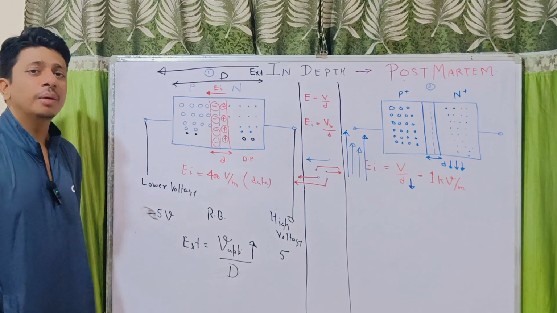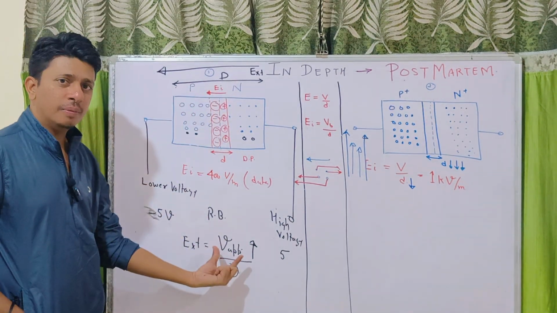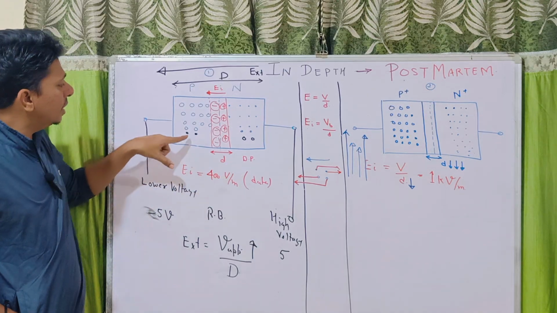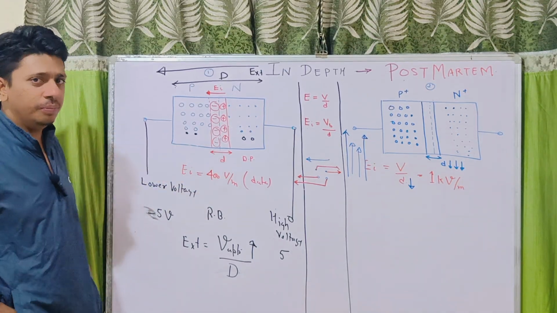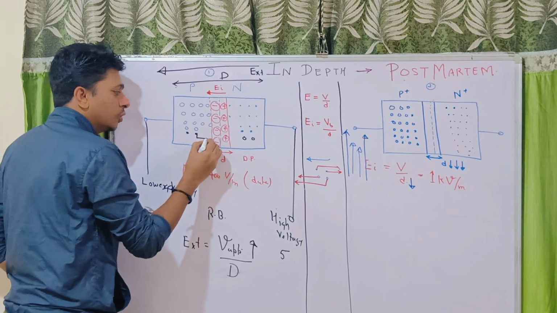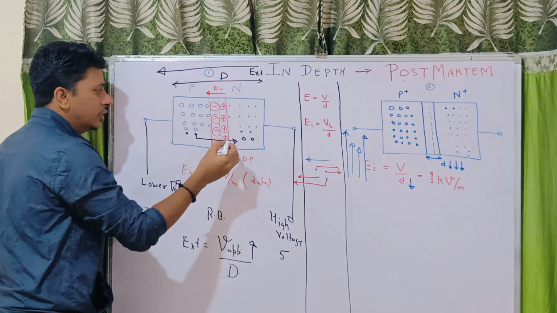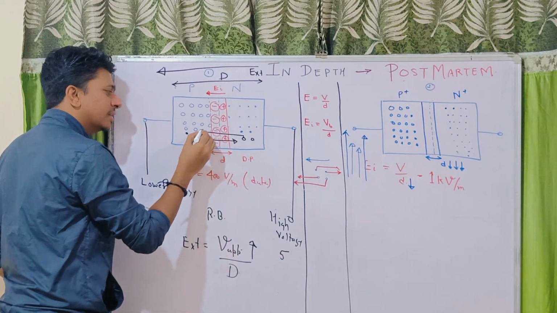A time will come when the applied voltage gives sufficient energy to this electron so that it will move fast in this direction, and the holes are moving in this direction.